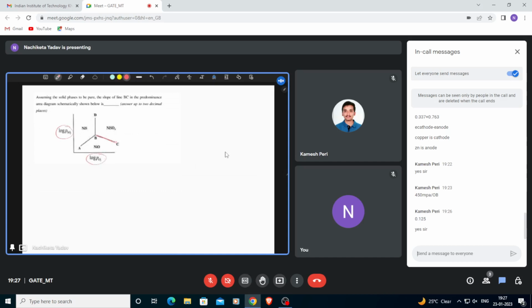It is given. So simply what you do, you write an equation for NiO and NiSO4, and you find the K value from there, and we know this from the reaction. If you put it, you will get some equation y equal to mx plus c, and this m value will be the slope. We have to find out this one. So what will be the slope?